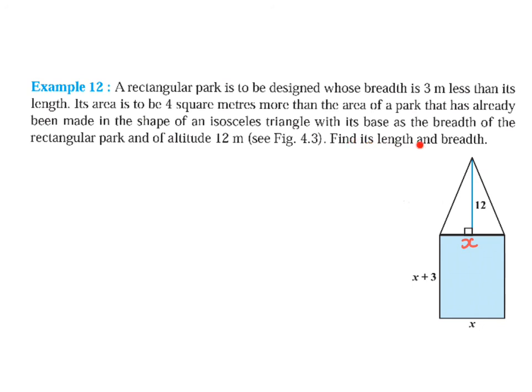Find its length and breadth. Now, what will be the area of the rectangle? Area of the rectangle is length times width. So that is going to be x times (x plus 3), which is x squared plus 3x, in meters squared, of course.